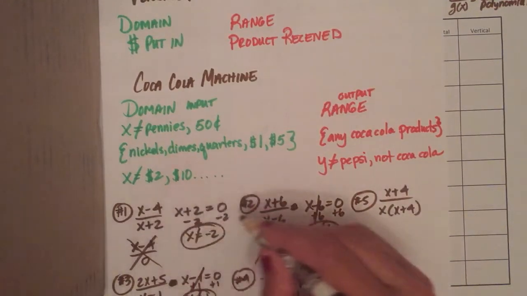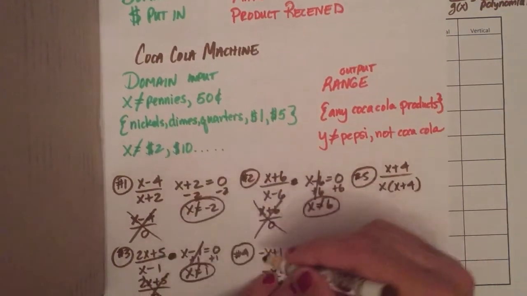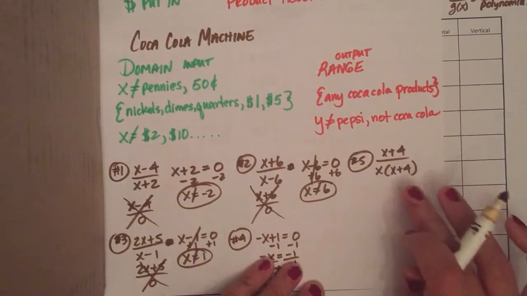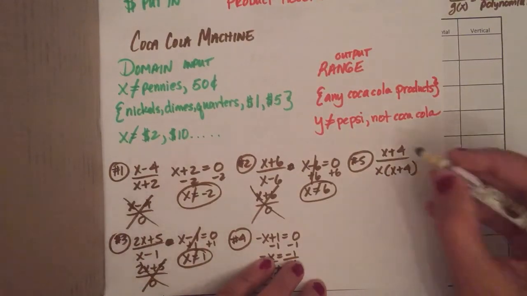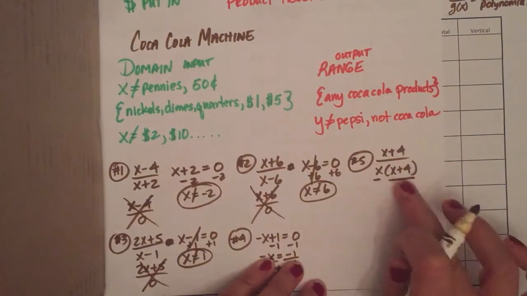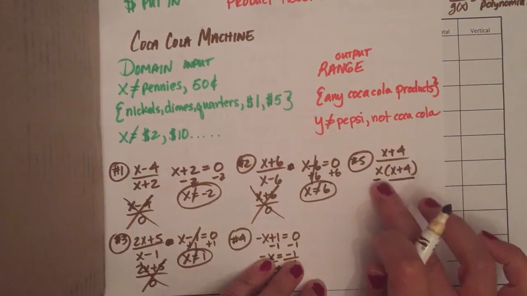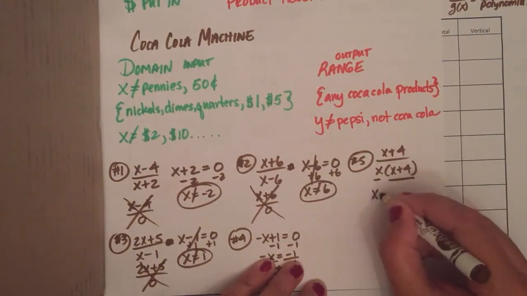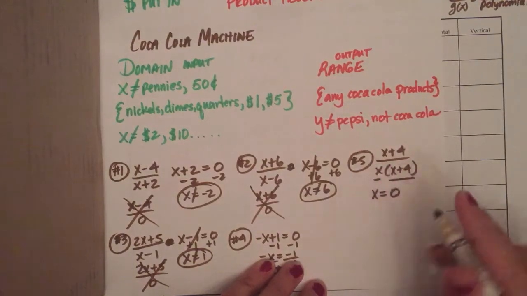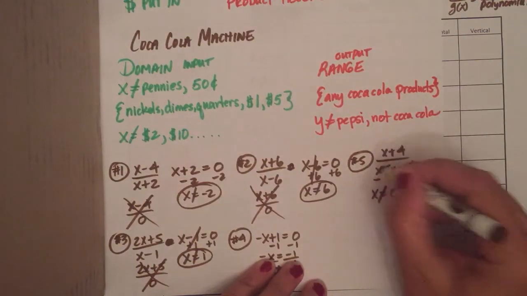Notice how all of these had a single factor in the denominator. This one has 2 factors, which means there's going to be 2 restrictions. So I've got 2 separate factors. I've got to figure out what makes each of these factors equal 0. The first one is x. Well, that's easy. If x is 0, there's nothing to set it equal to, so x can't be 0.